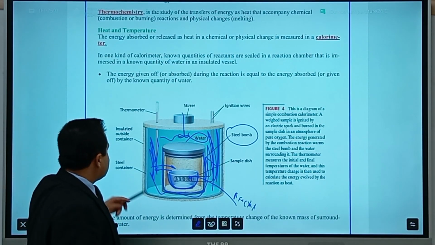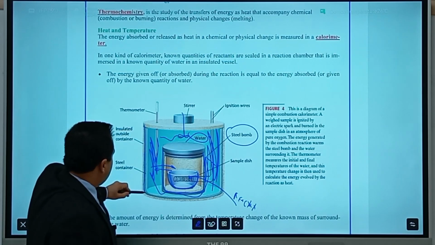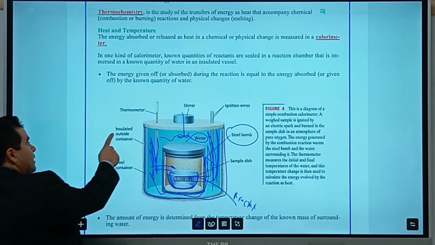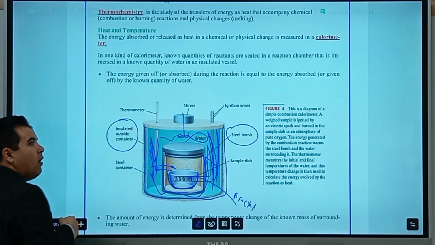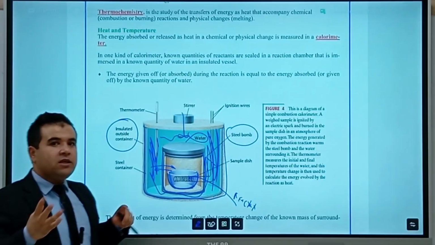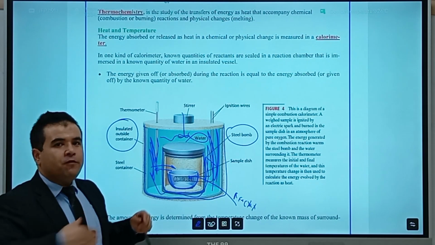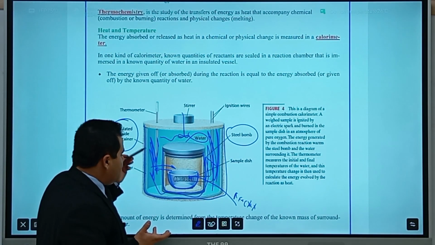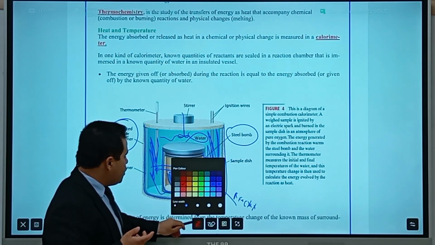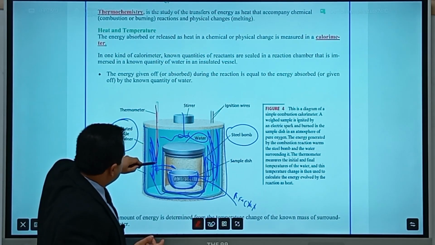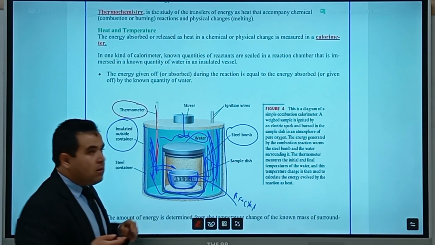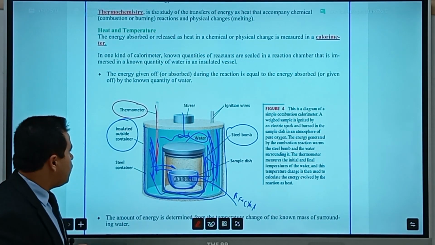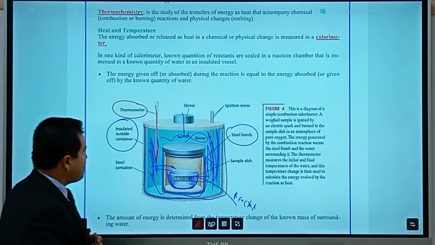And then, guys, the outside of this chamber is an insulated container. Insulated means it does not allow the passage of heat and mass as well. In order to measure the temperature of the water, we inserted a thermometer. A thermometer is a device which is used to measure the temperature of systems.